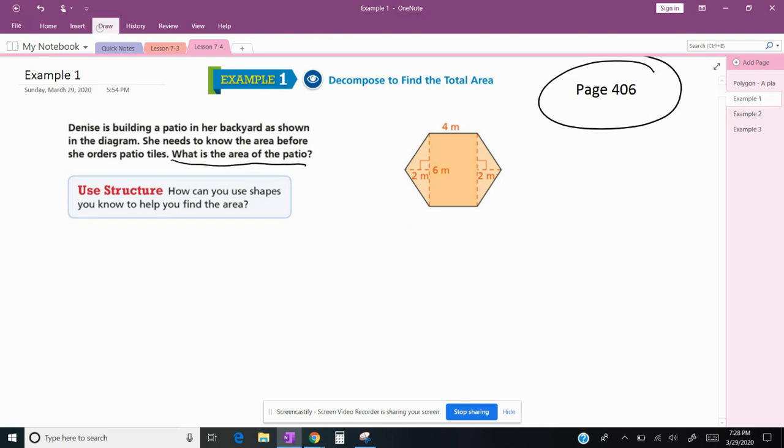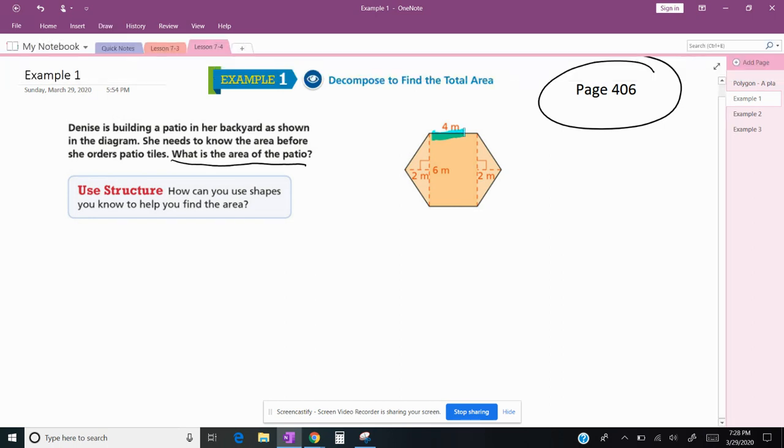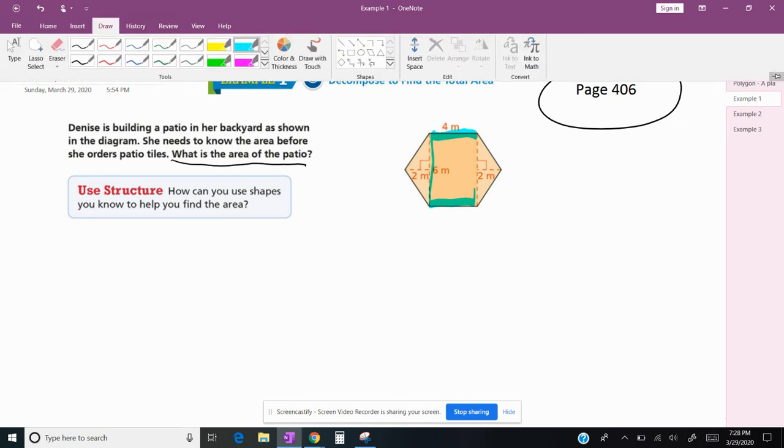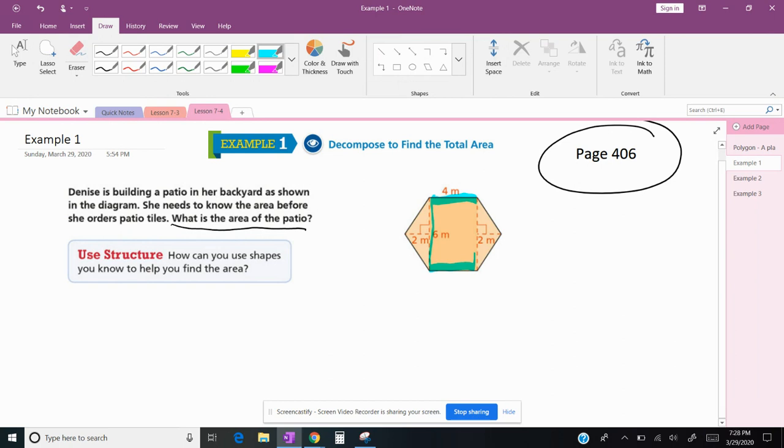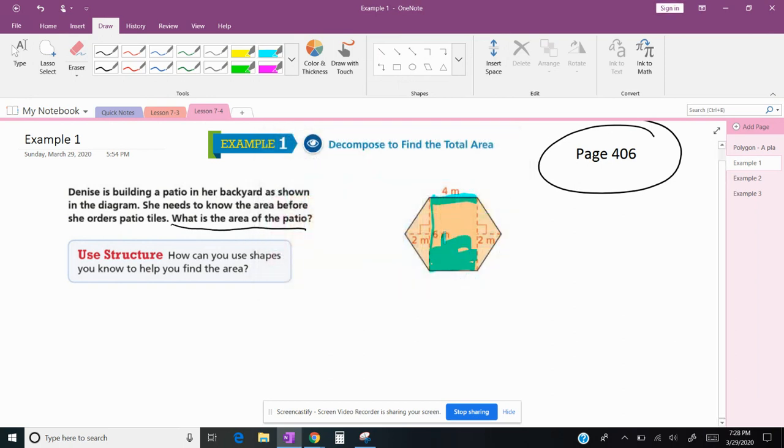So when I look at this, the first thing I notice is a rectangle in the middle. I'll shade that in. That's going to make my life easier. I want to start finding the area of that.